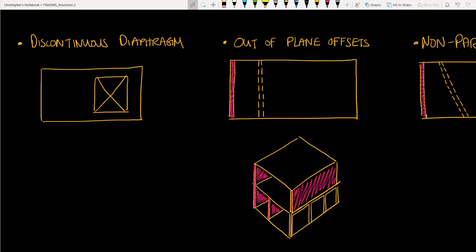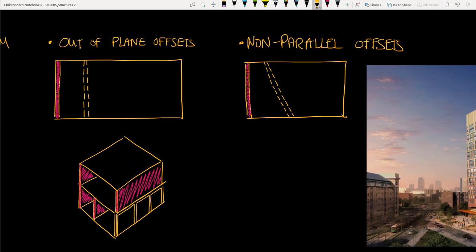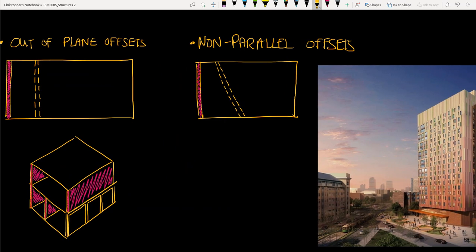Next, we have out-of-plane offsets. This is when a lateral force resisting element, say a shear wall, is displaced in plan from one floor to the next. And you can see that in 3D here. Similarly, if we displace the element from one floor to the next, and also realign that element, we would have a non-parallel offset. The Massart Treehouse Residence Hall was actually designed with this seismic irregularity.